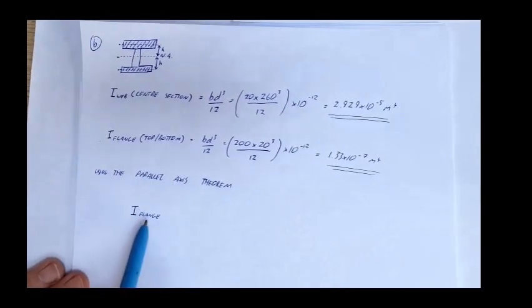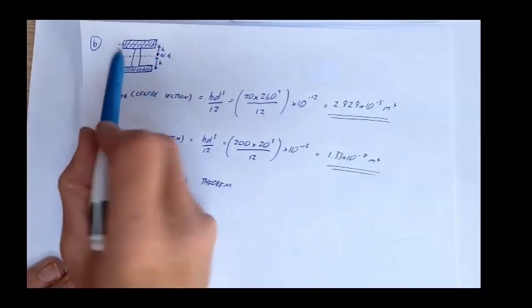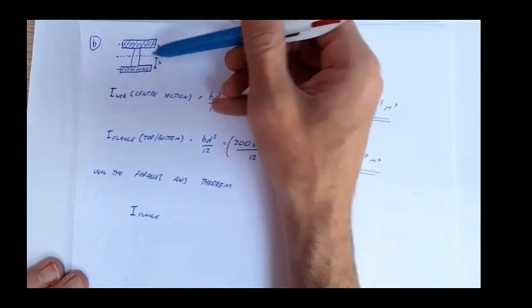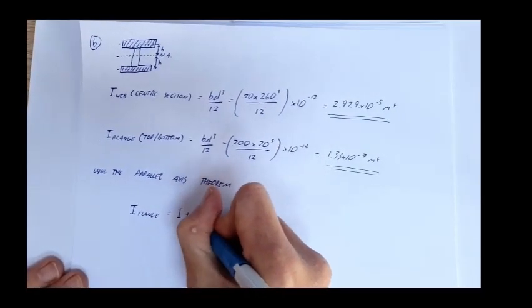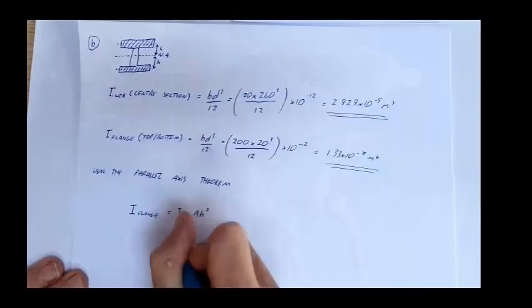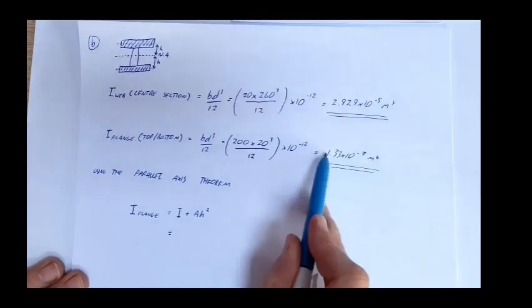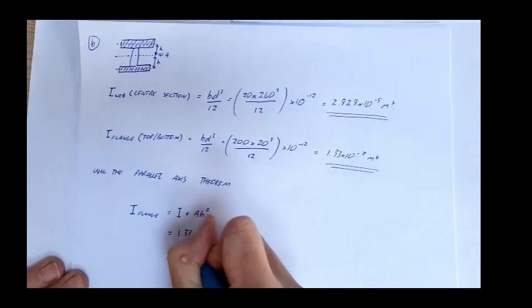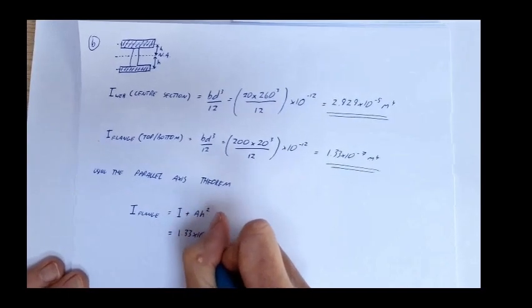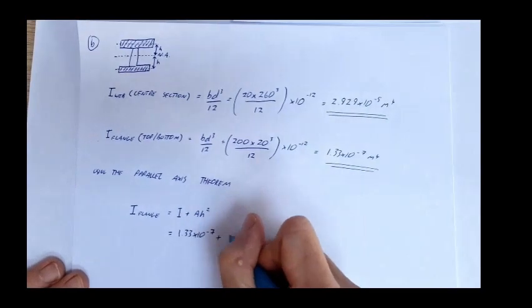Now we're calculating it for the flange around the shape's global neutral axis. So we're going to have to offset it. So that's equal to I plus A h squared. So I, we've just calculated, the second moment of area of the local shape around its local neutral axis, 1.33 times 10 to the minus 7, plus the area.